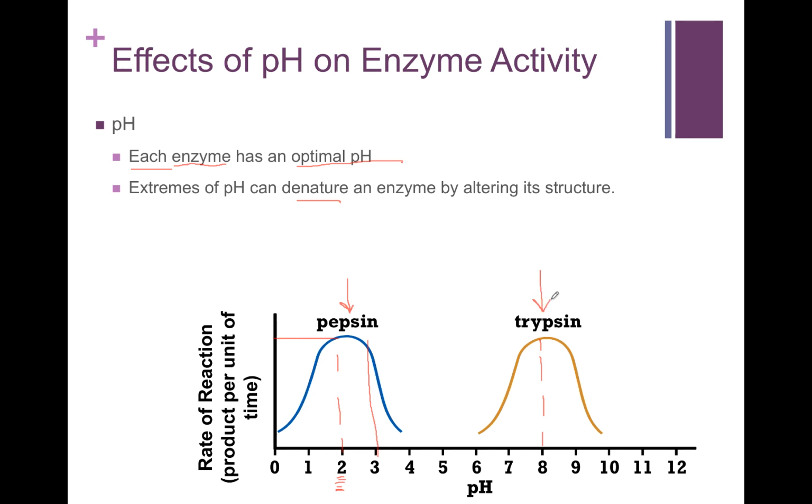Therefore, these are two perfect examples of how each enzyme has an optimal pH. And typically the ones in our body sit around 7, 8, because remember, our blood pH is 7.35 to 7.45, no higher than that.